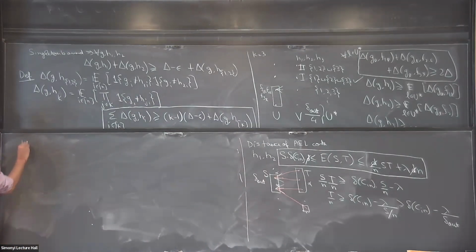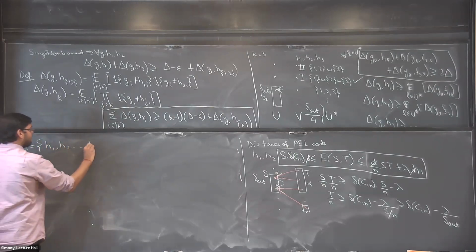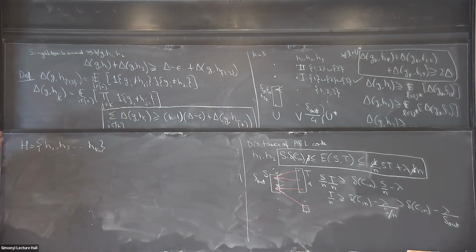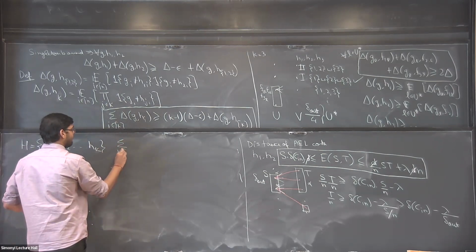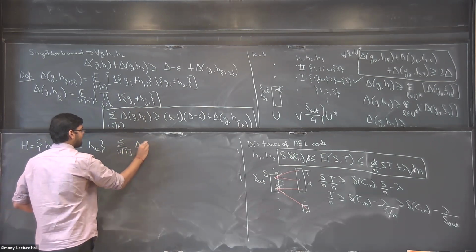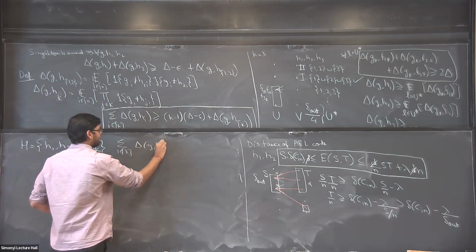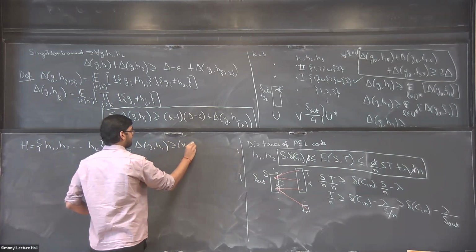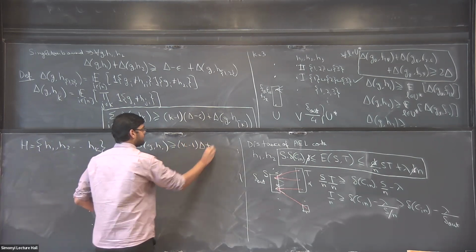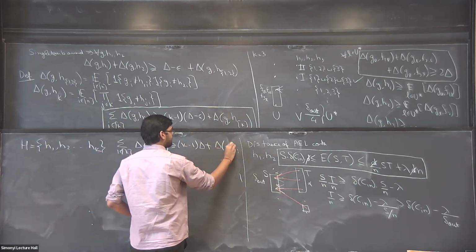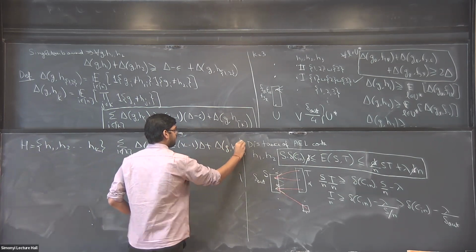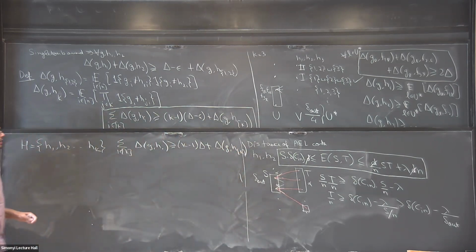Okay, so let's start with this set H called H1 through HK. Our goal is to show delta G, the common error locations.